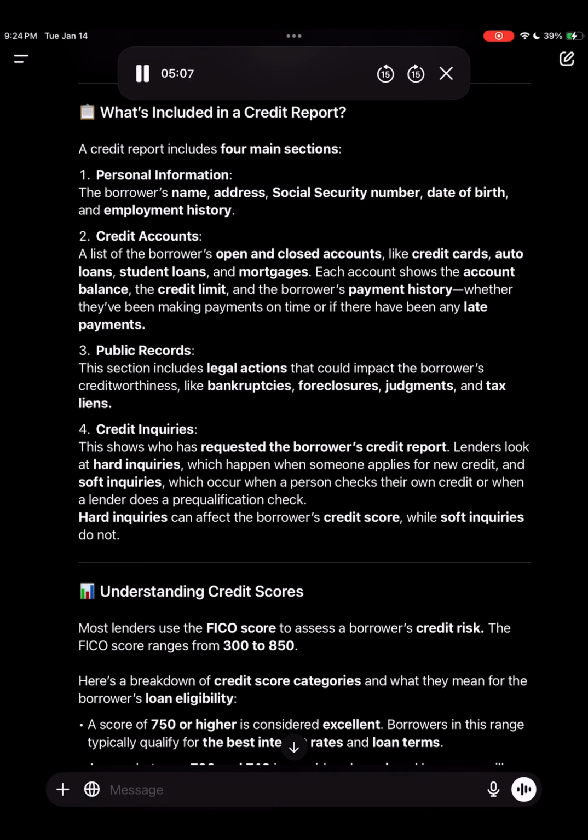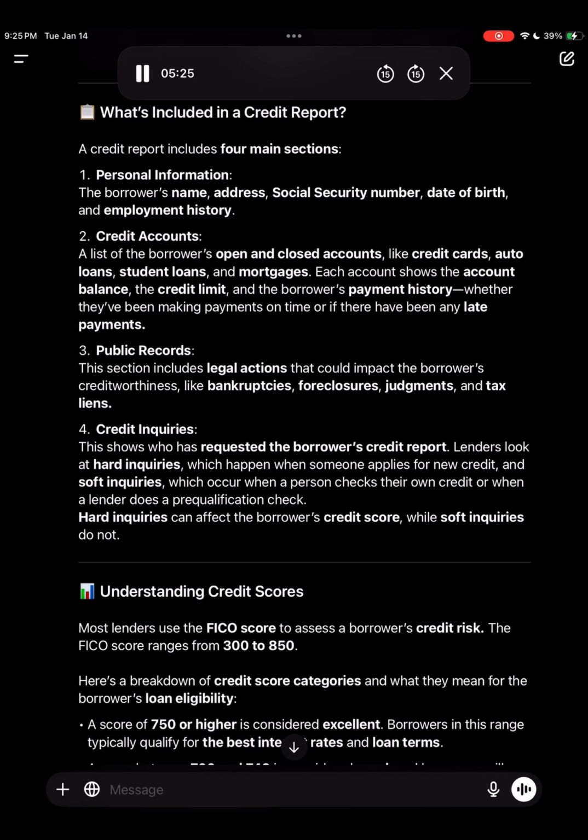1. Personal information: the borrower's name, address, social security number, date of birth, and employment history. 2. Credit accounts: a list of the borrower's open and closed accounts, like credit cards, auto loans, student loans, and mortgages.